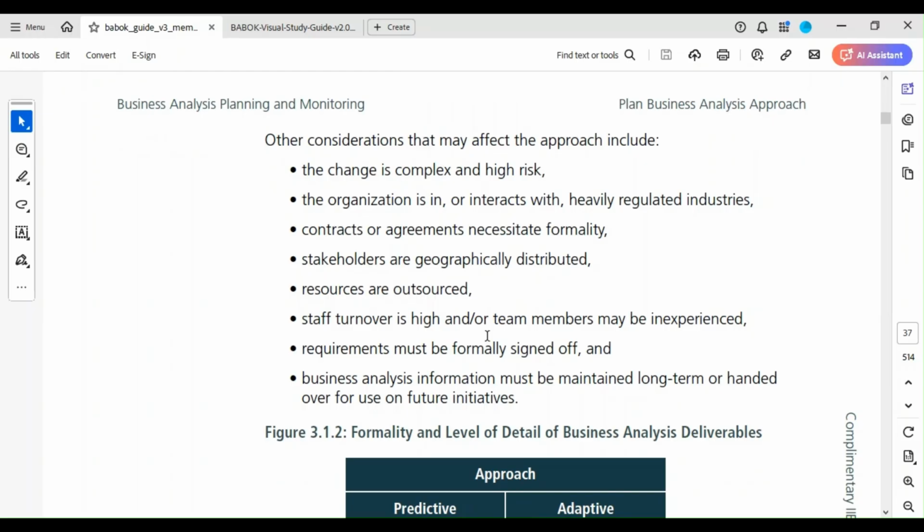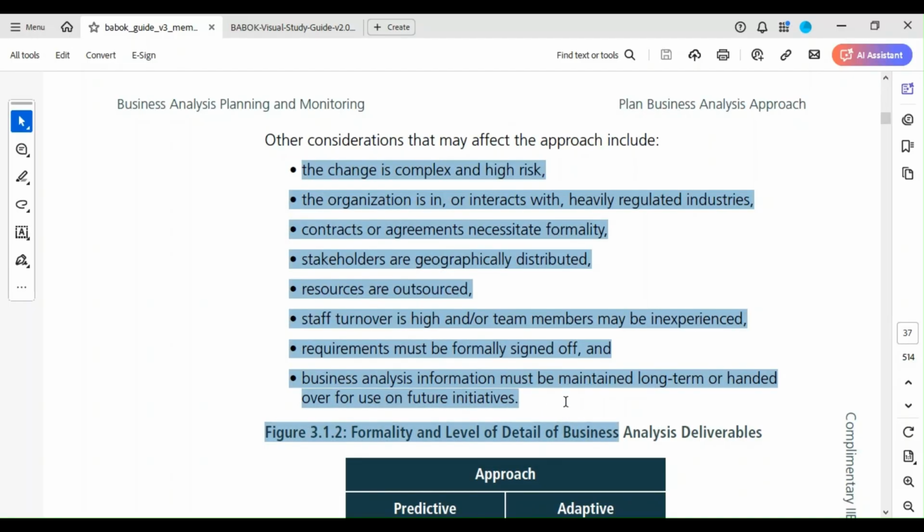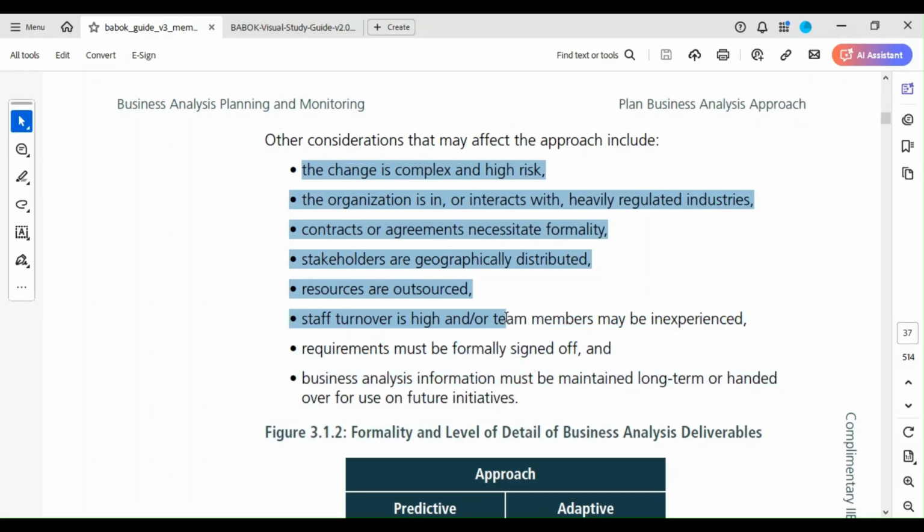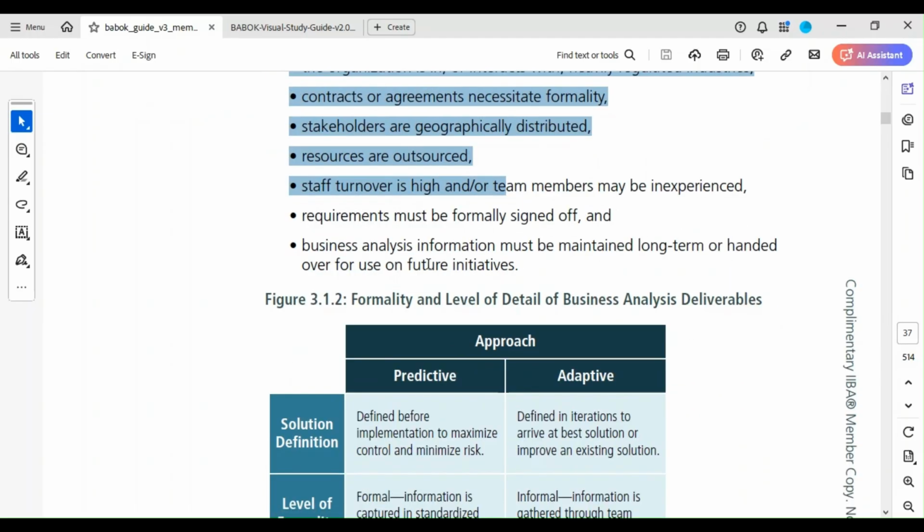When it has to be that, it's telling you that this has to be predictive. Business analysis information may be maintained long term or handed over for use on future initiatives. So this also tells you that these could help you determine the methodology or approach you want to take.